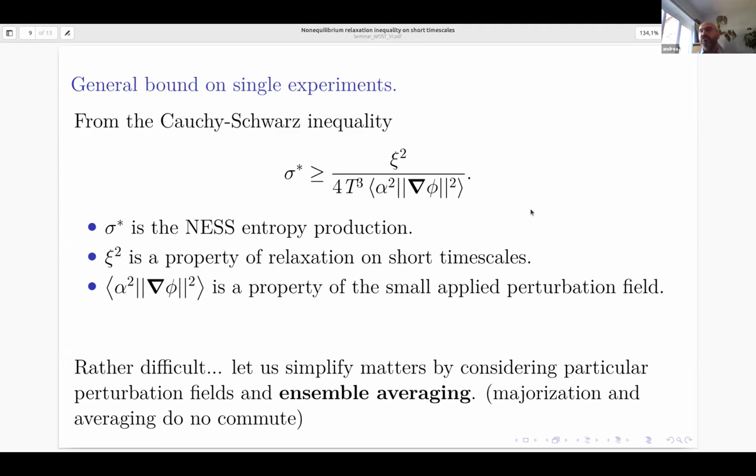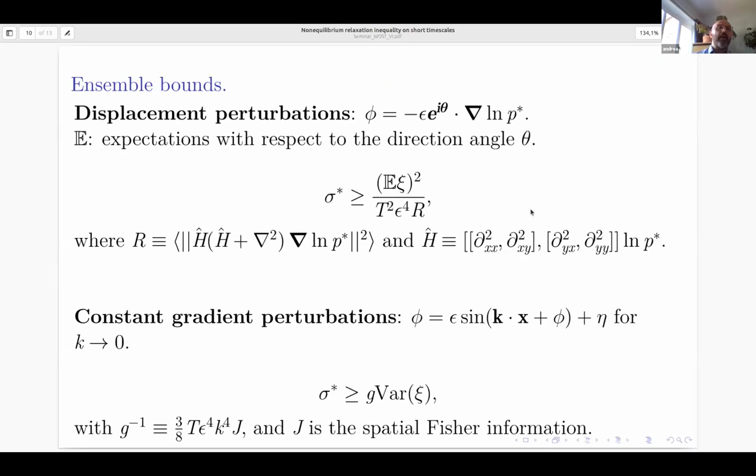And here I've added that majorization and averaging do not commute, meaning that what I'm going to show next is not just an application of this equation, but rather going back to the integral equality, applying expectations, and only then applying the Cauchy-Schwarz majorization. I've considered two particular cases for their analytical tractability and interest.